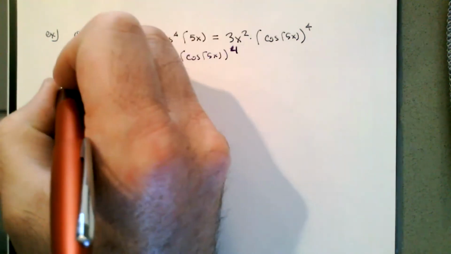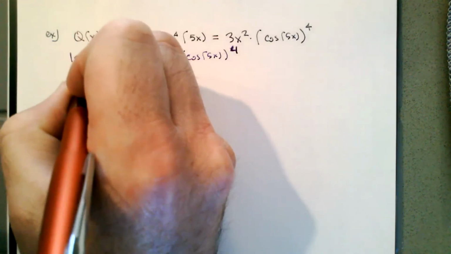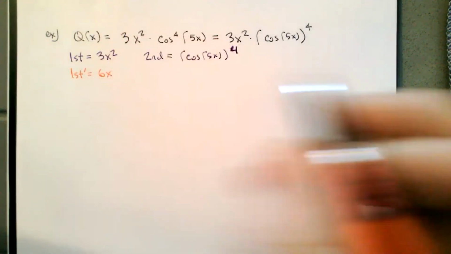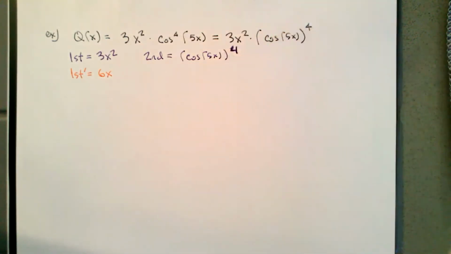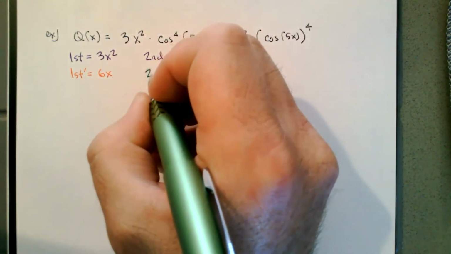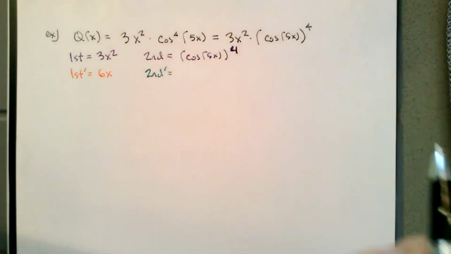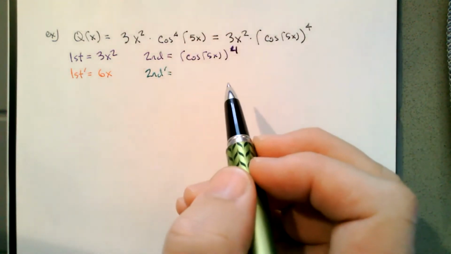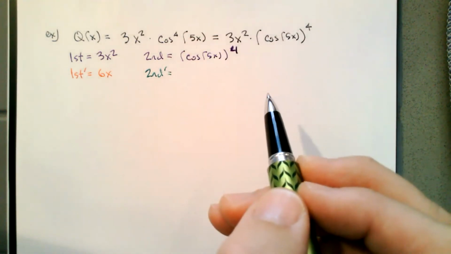So if the first is 3x squared, then the derivative of the first is 6x. And if the second is the cosine of 5x to the fourth, then we need the derivative of the second. One way to think about the chain rule is that it works outside in.